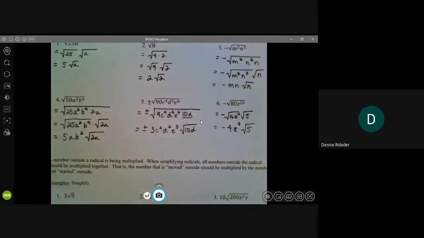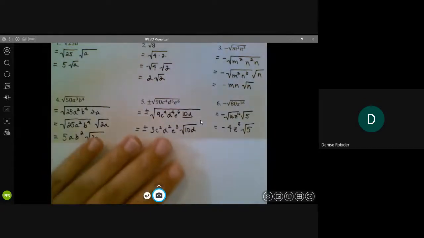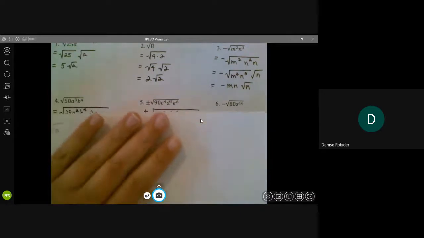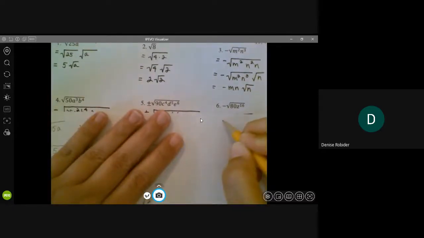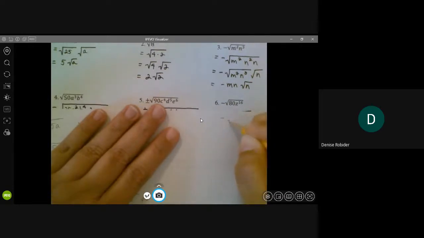why you would want to use that instead of using 4 times 20. Remember, our goal here is to simplify. So if I want to simplify this, I'm going to use 4 and 20, just so you can see. So this is 4 times 20, and this is Z to the 16th.